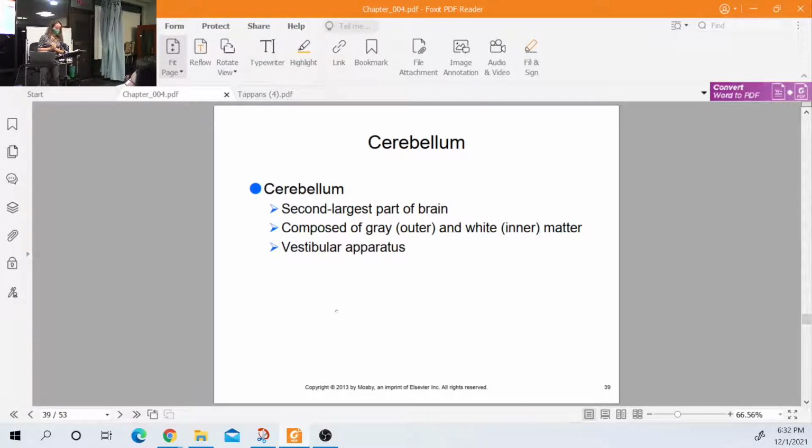Okay, cerebellum. This is the second largest part of the brain. So cerebrum's first largest, cerebellum is second largest. This has a cortex of gray matter, and the inside is white. Its basic function is balance and coordination of our movements, including giving a massage and balancing and coordinating those movements.